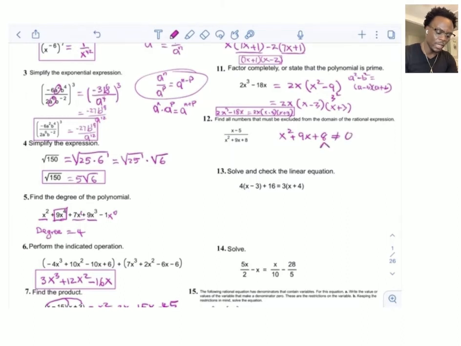Two factors of 8 that add up to 9, because if you take 1, two factors of 8, that's 1, so 1 times 8 is 8.